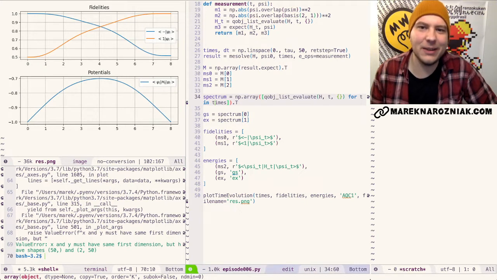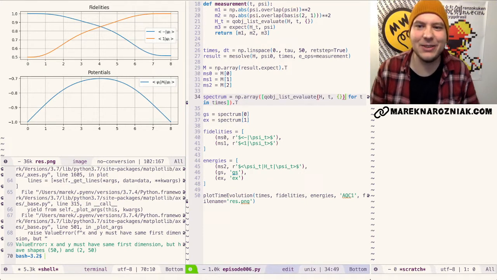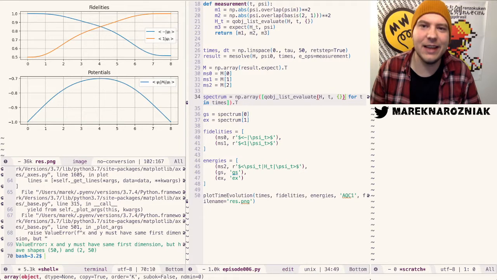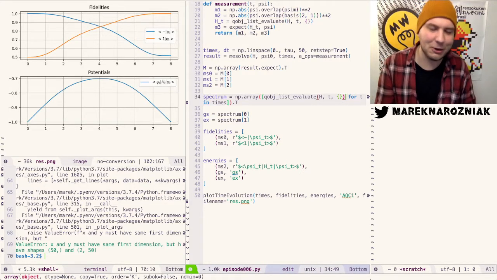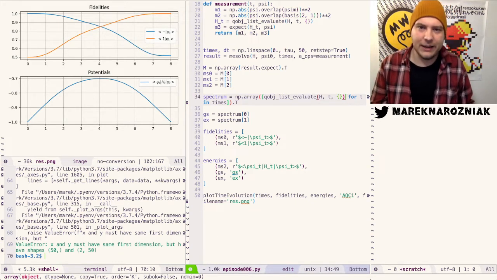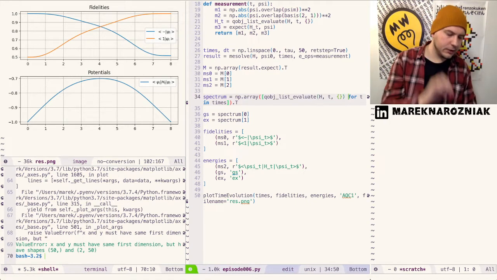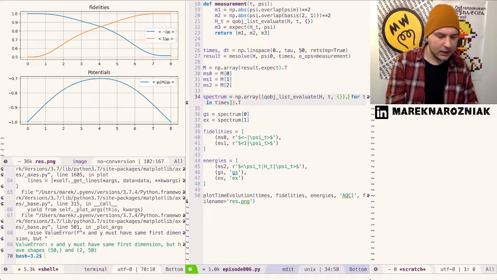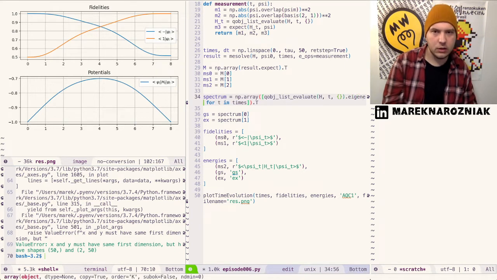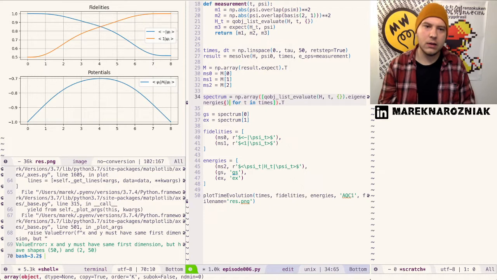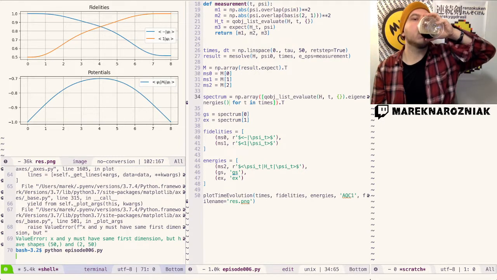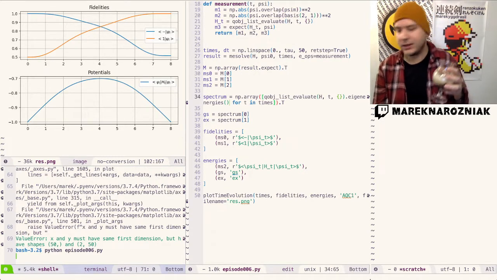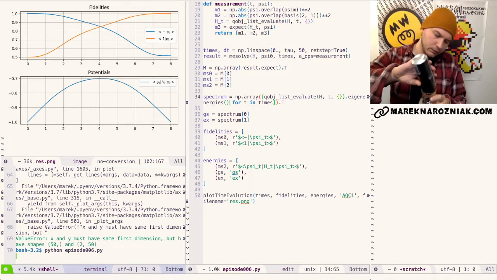I just evaluate the Hamiltonian, but I don't actually get the energies. This is just a list of Hamiltonians, and I'm trying to plot it. Okay, so dot eigenenergies. Booyah. Let's see. Damn, this thing works.